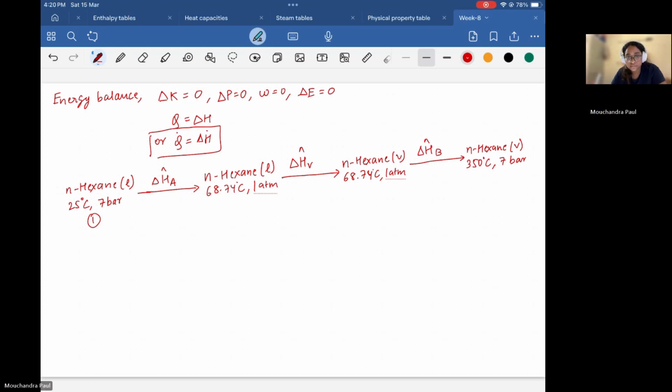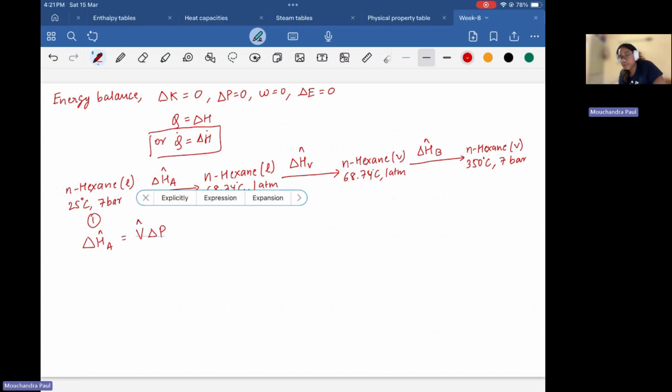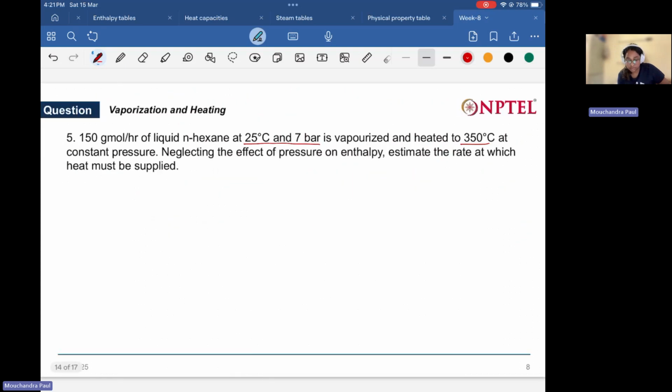So let's determine each of the values one by one: delta H A, delta H B, and delta H C. We will define each of them. Now, delta H A is equal to V hat times the change in pressure, because we cannot neglect pressure now.